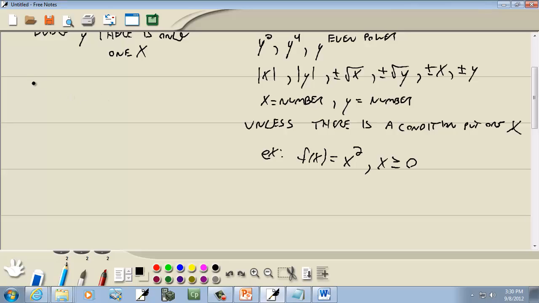Now there's also a graphical way to tell. What we're going to look at here is for the one-to-one part, not for the function part. It's the horizontal line test.